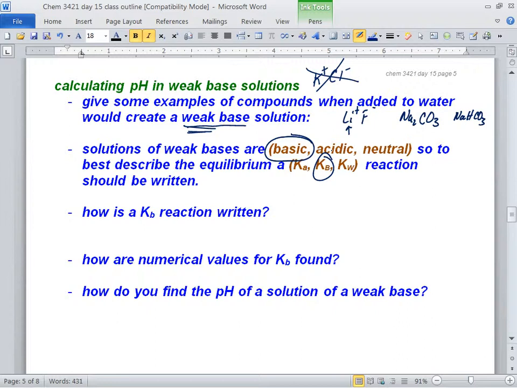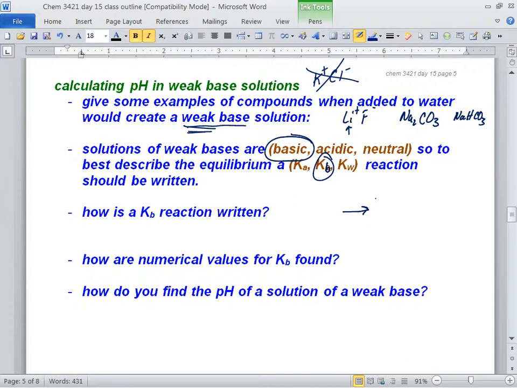So how do you write these Kb reactions? Oh, that should be a small b, by the way. How do we write them? In other words, the weak base, product or reactant side?